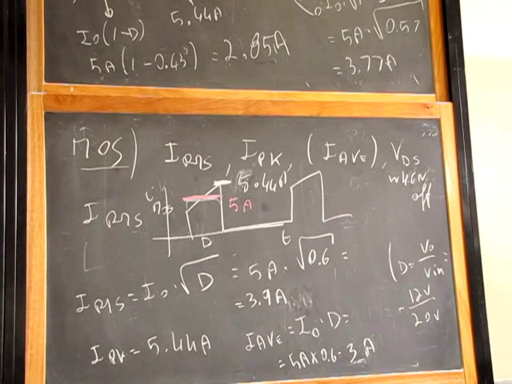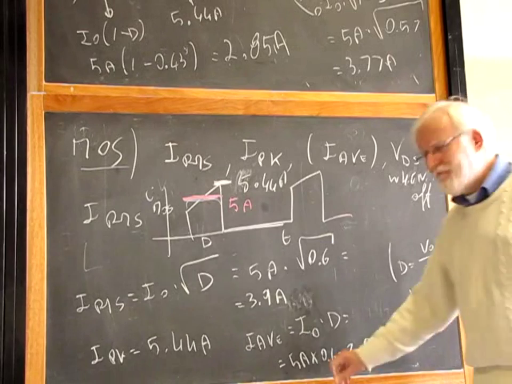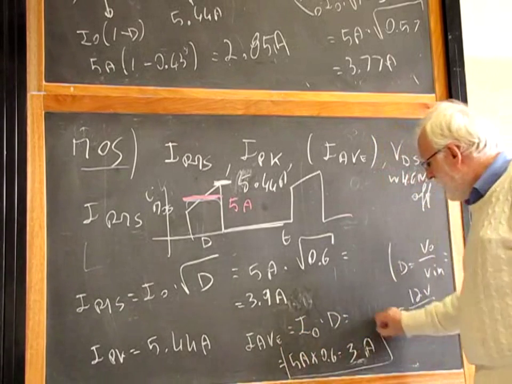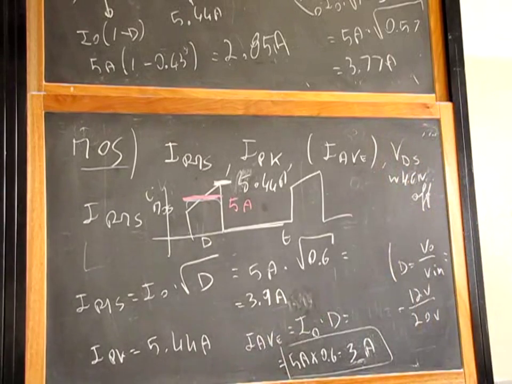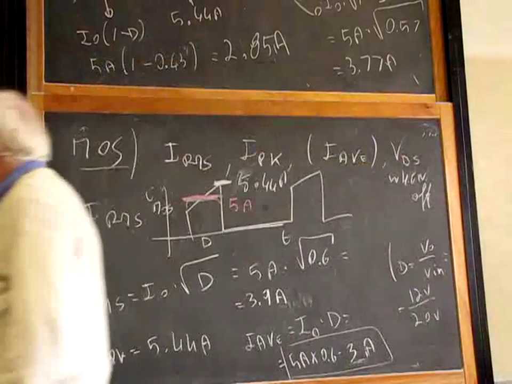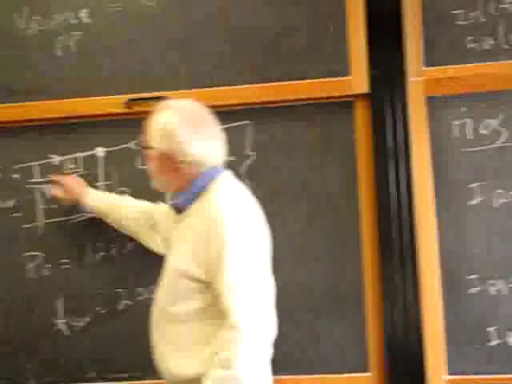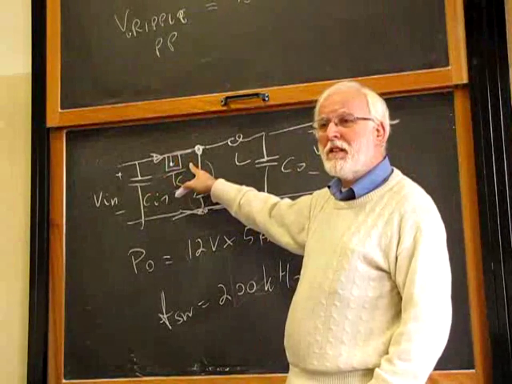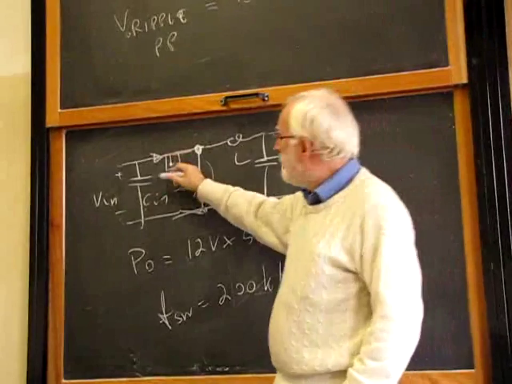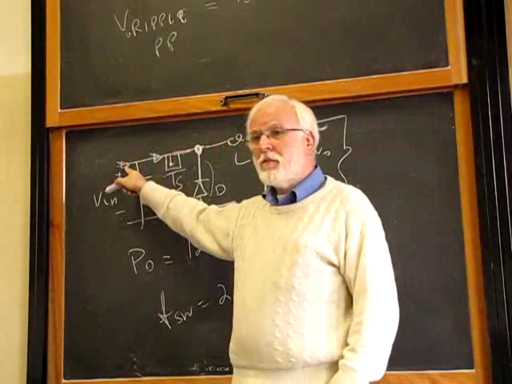Okay, those are all the currents through the switch. Why do I want to know this current? Because, let's go to the schematics. The average current flowing through the switch is coming from the input.